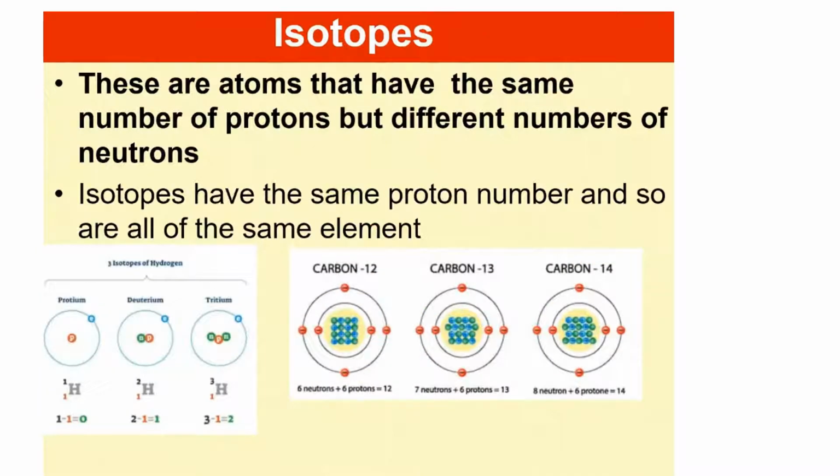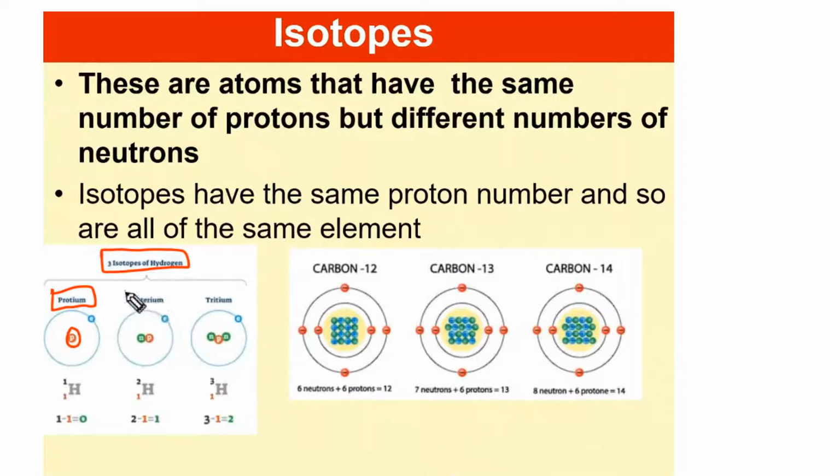Okay, here please, now you can see here. Before I explain to you, let me ask you one question. Now you can see here, for example, we have 3 isotopes of hydrogen. First of all is protium. You see it has 1 proton, so it has 1 atomic number and 1 mass number.